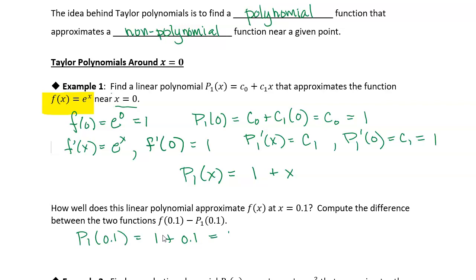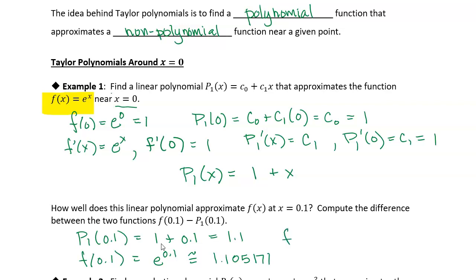And so we get 1.1. All right. Now, let's take a look at f of 0.1. Well, that's e to the 0.1. Now I can put that into my calculator. You might wonder, though, how does my calculator know what the value is of e to the 0.1? And we'll maybe talk about that. If I put this into my calculator, I get 1.105171. Okay, so that's not too bad.